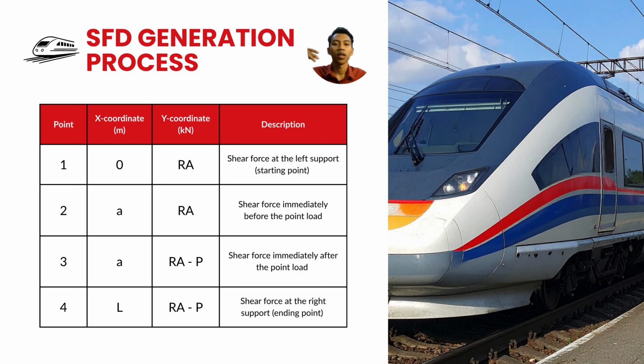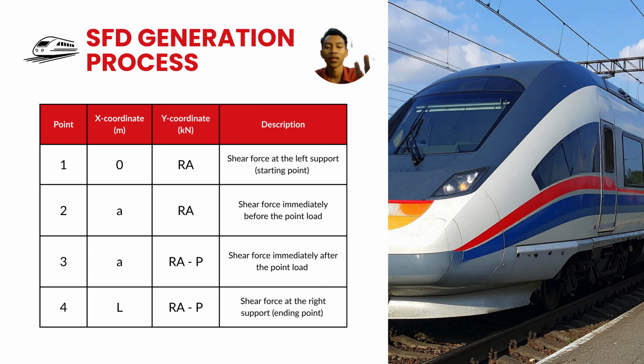The first point is the starting point, which is the shear force at this point. The second point, the x coordinate is A. This is the load point. The y coordinate is still RA, so the shear force immediately before this point load.